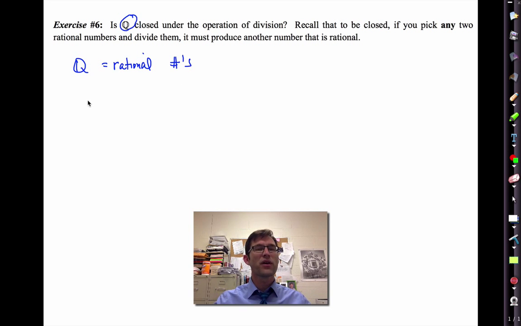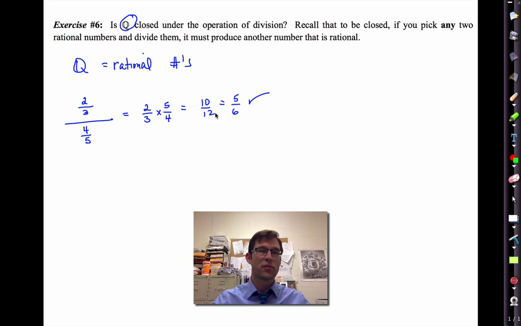But let's play around with a couple of non-integer rational numbers. Like, let's say we had 2/3 divided by 4/5, right? You remember little middle school tricks on how to do this? I might do that, and then get 10/12, and yes, it would reduce, not that I care, but oh yeah, that's a rational number. Let me do 1/7 divided by 4/7.